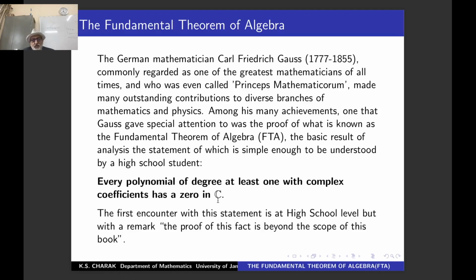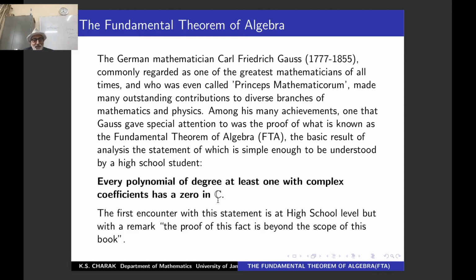But among all his accomplishments, all his achievements, one of the fundamental results that I was talking about, the fundamental theorem of algebra, is the basic one. And the statement is quite simple and easy even for a school student to understand. But how to prove it, that is the major question.